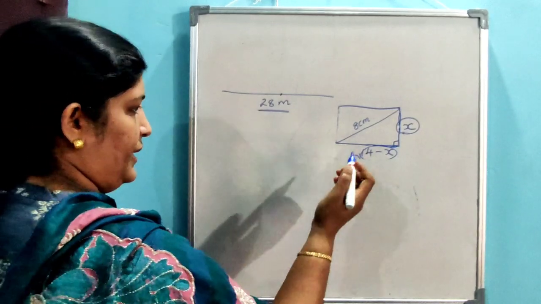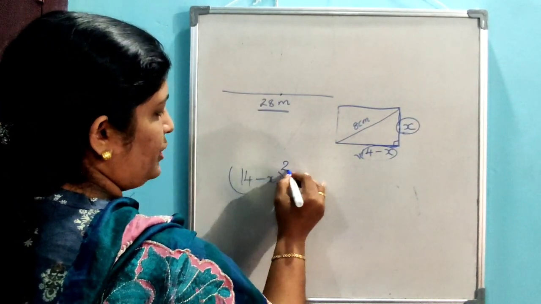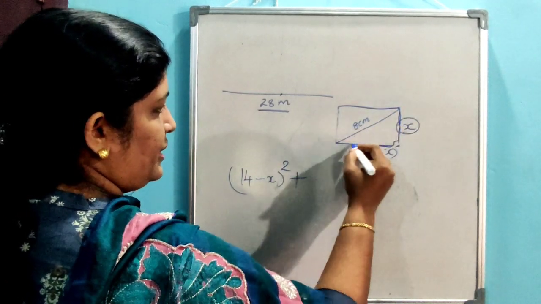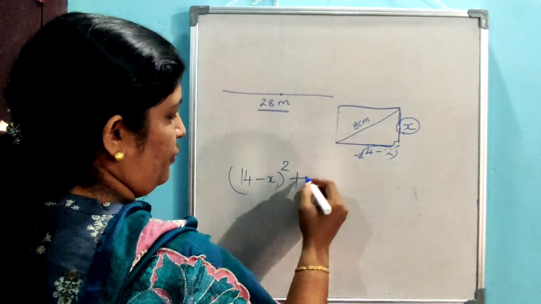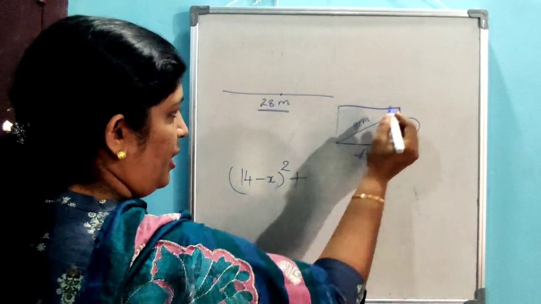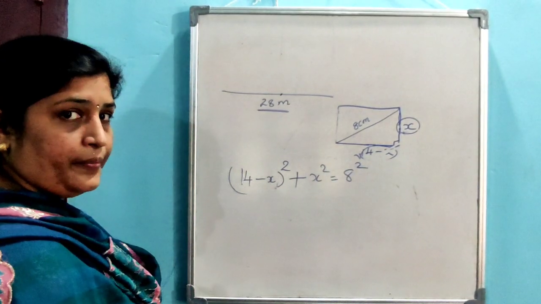Consider this right triangle, its base is 14 minus x, the whole square.